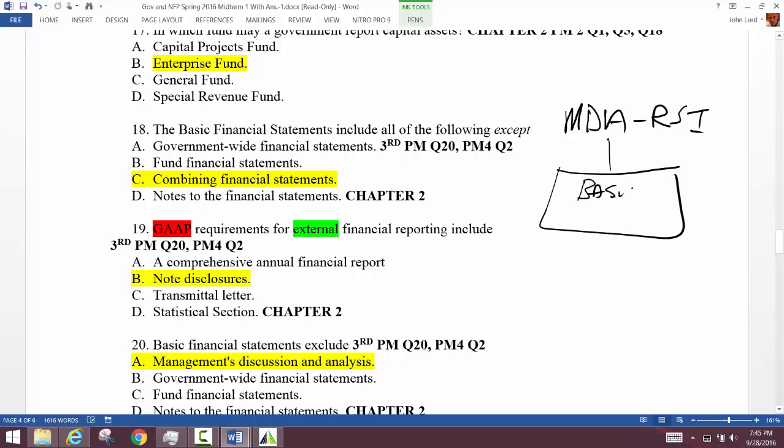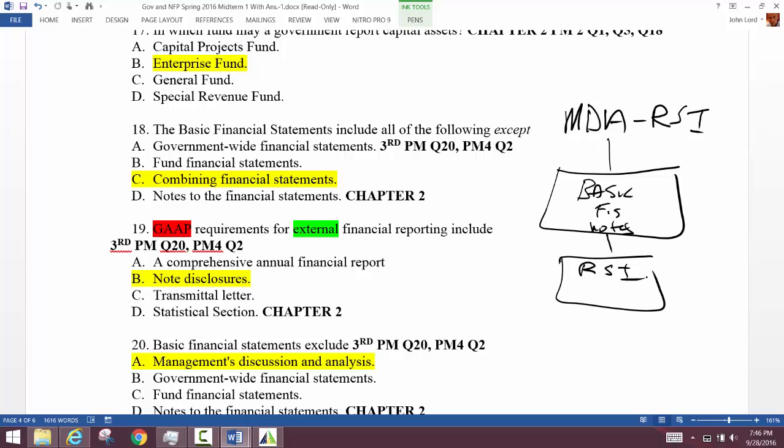The basic FS, which includes the notes, doesn't it? And then down here you have the RSI other than MD&A, right? The combining statements were optional. Remember when we went through that? The combining statements for the non-major funds, and I showed you how they showed a column, and if you wanted to, you could provide the detail that rolled up to that column. I think it was 359,000 or something that was the total of those columns, right?